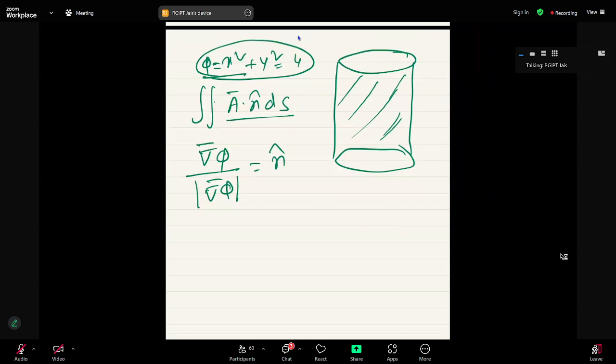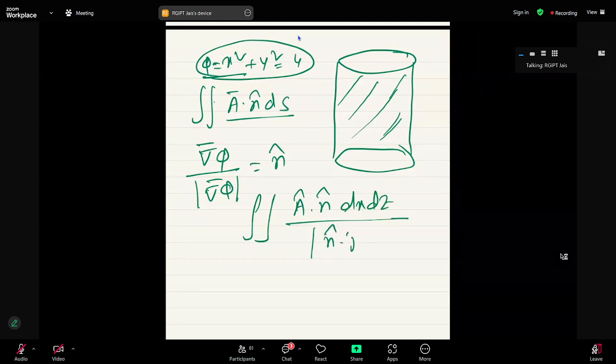So for this surface, this integration will be a dot n cap, which you found, and ds in this case will be dx dz by mod of n cap dot j cap. When you have a curved surface, you have to take the projection of the surface element on a particular plane.